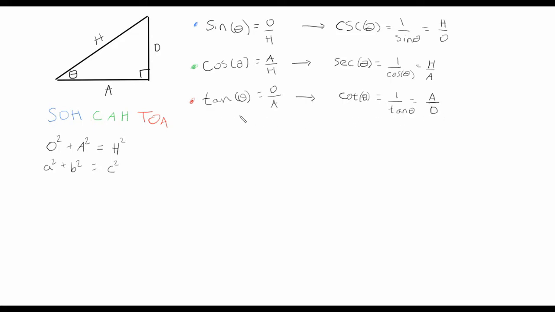How we'll usually see tangent and cotangent related, because we want to be able to break everything down into sines and cosines, is if we look at tangent, we can think of it as sine of theta over cosine of theta.